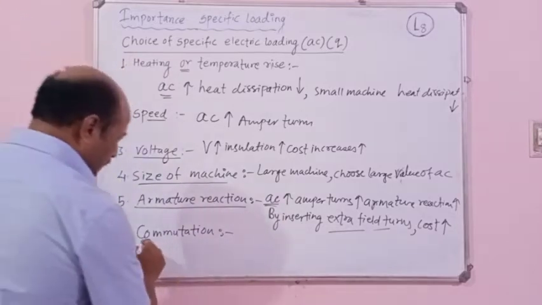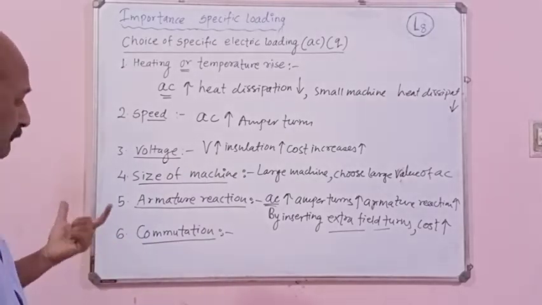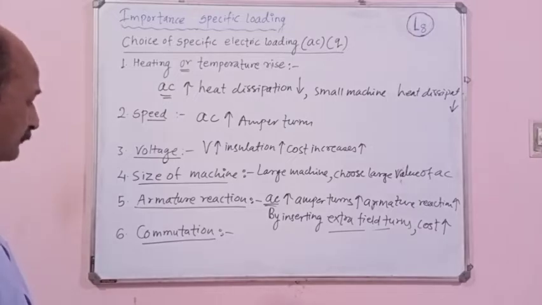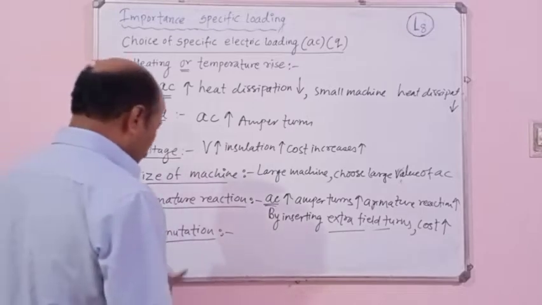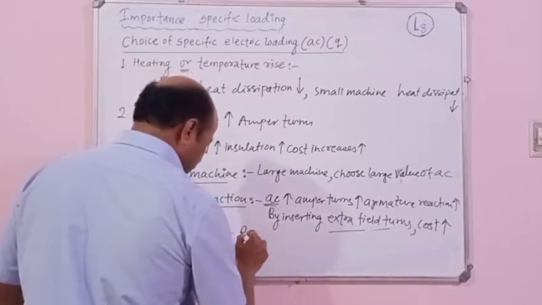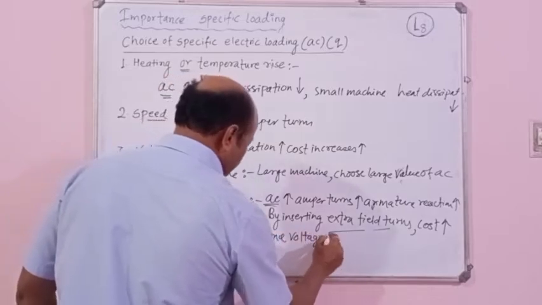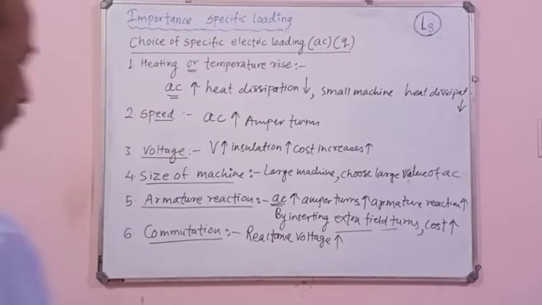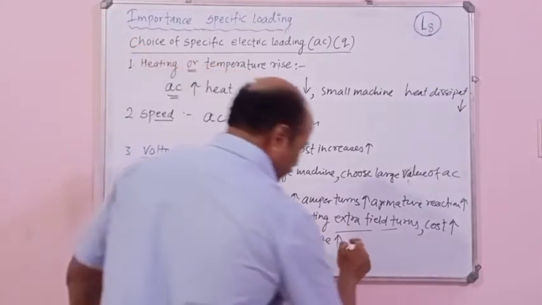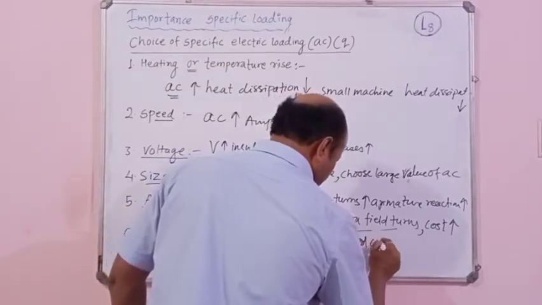And last one is nothing but the commutation. So you know what is commutation? That is the reversal of the current in the coil. So if the reversal of current in the coil is not proper, under that condition, what happens? The reactance voltage increases. So increased value of reactance voltage produces bad commutation.